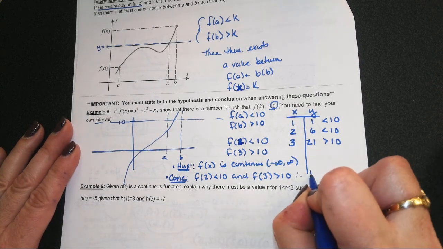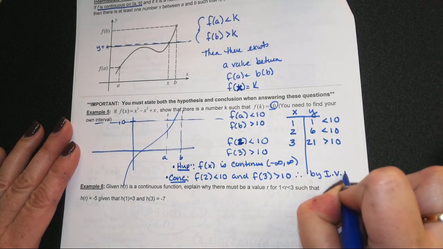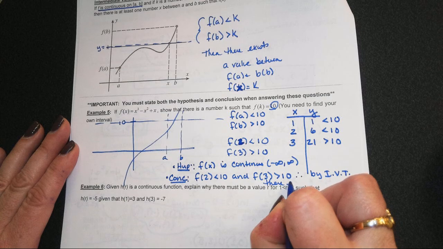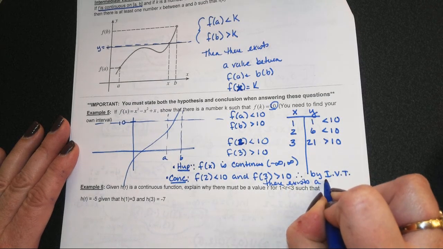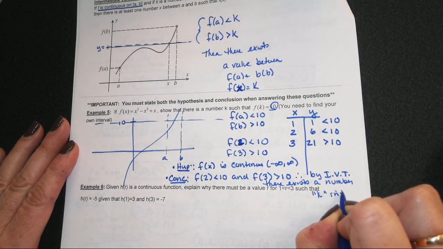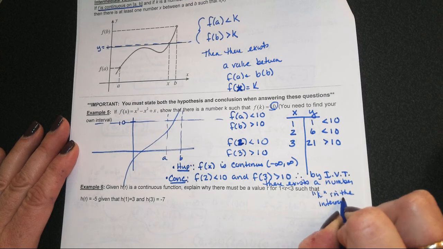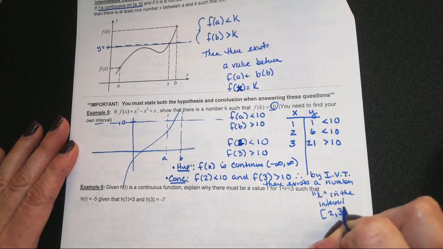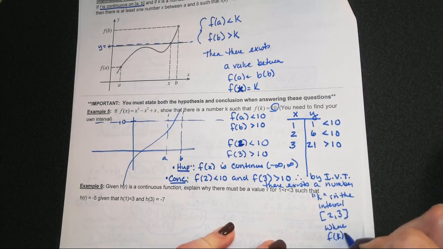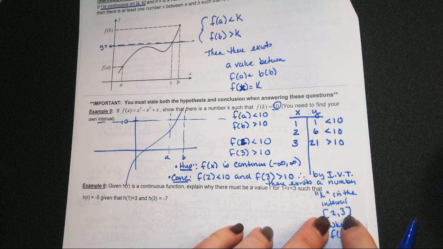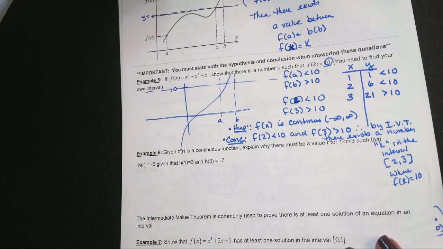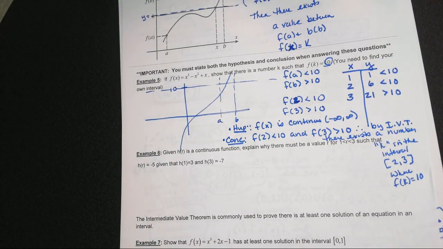Therefore, by the IVT, there exists a number k in the interval 2 to 3, where f of k, it's brackets because they're including. I mean, it wouldn't take off if they were parentheses, but the interval's 2 to 3.